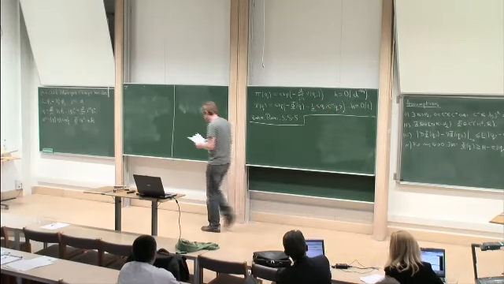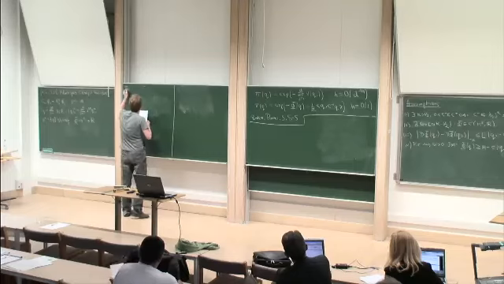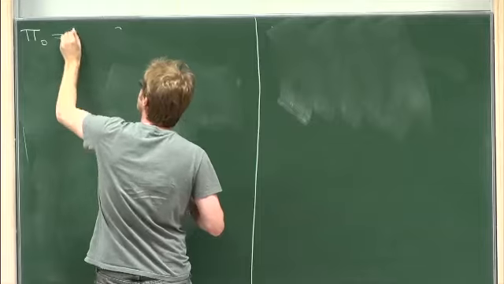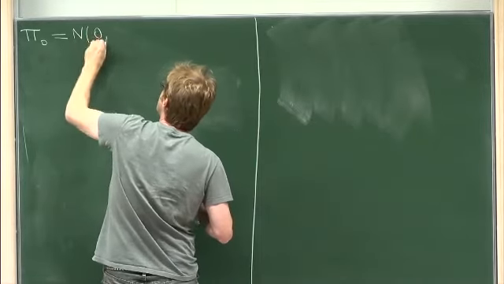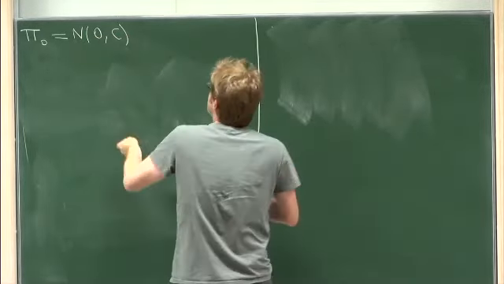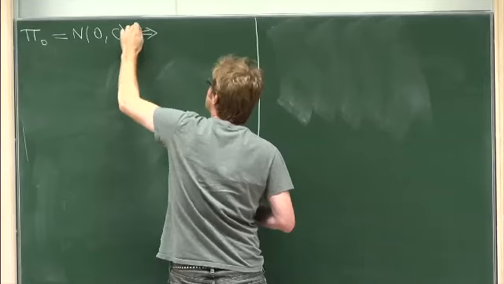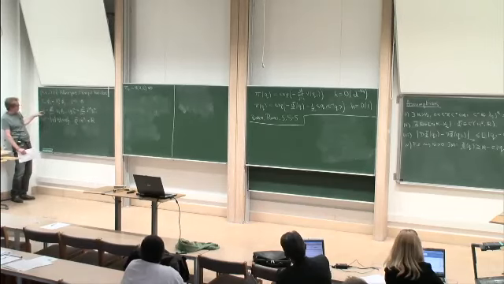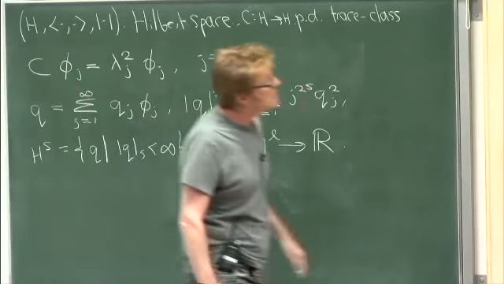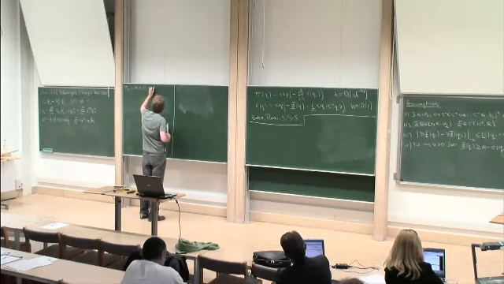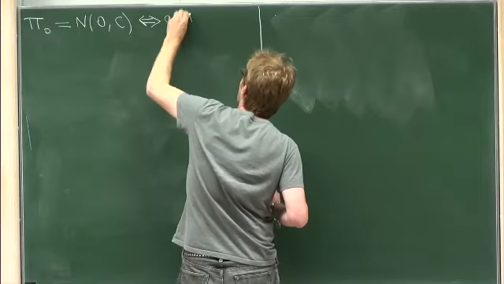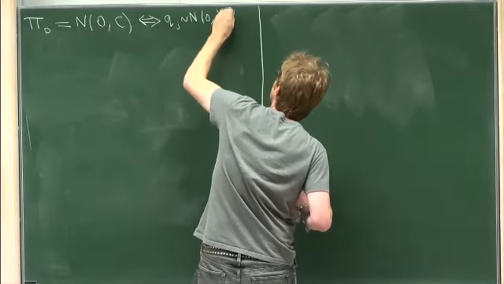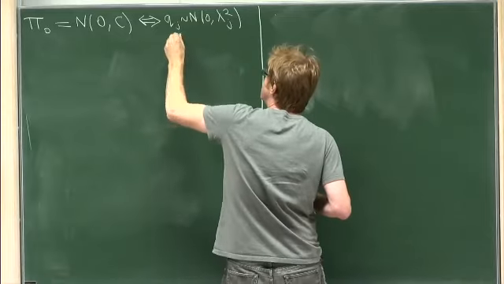What I can do is the following thing. I can define a Gaussian measure on H, which I'll call pi 0, that's going to have mean 0 and covariance operator C. How do you think about Gaussian measures? Well, in terms of this expansion of q in the eigenbasis of C, this is equivalent to saying that the q_j are Gaussian with mean 0 and variance lambda_j squared, and that they're independent of each other.